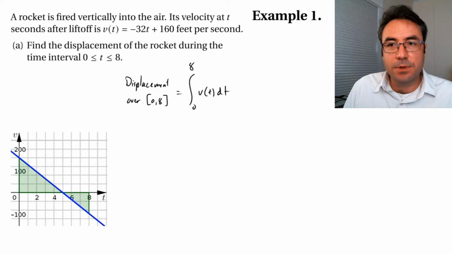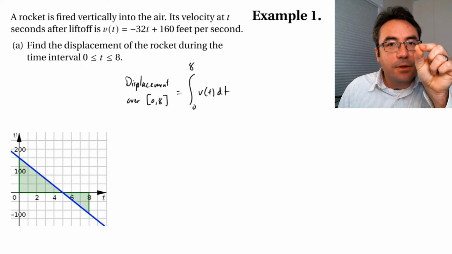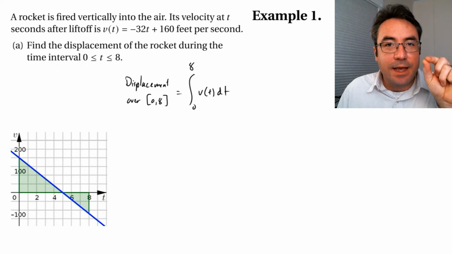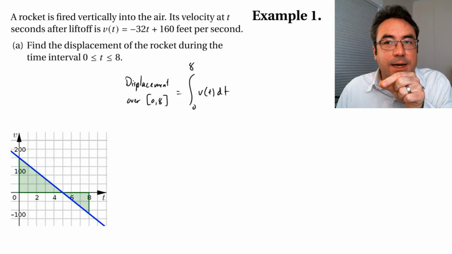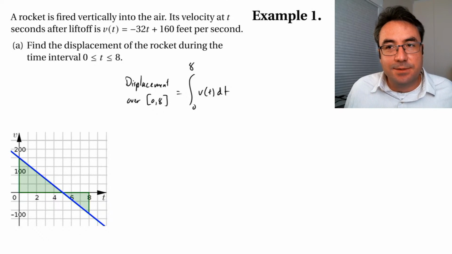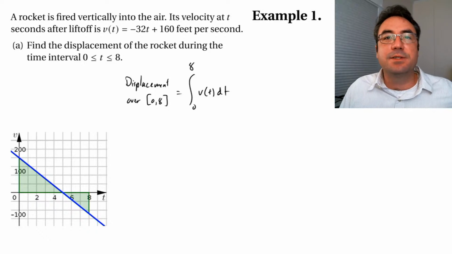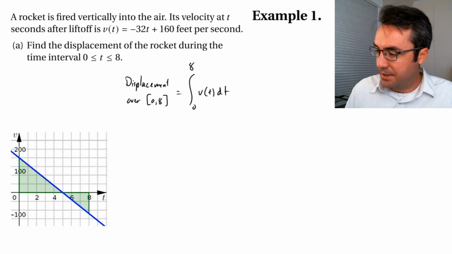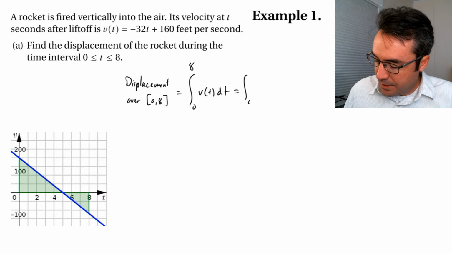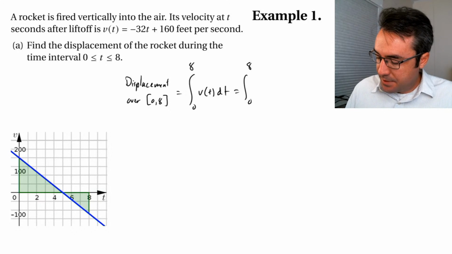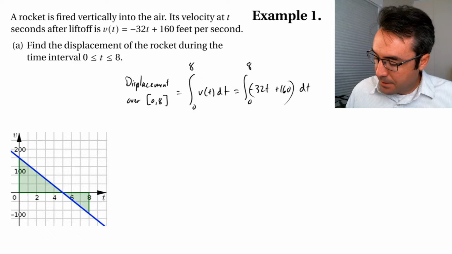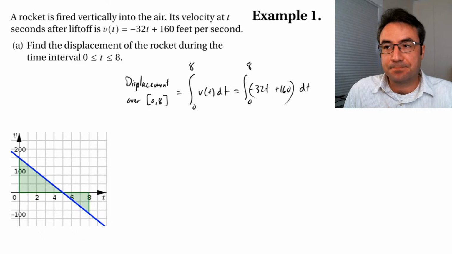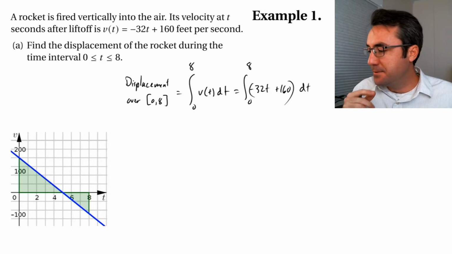That's what velocity is really measuring: all the little changes in your position at every single moment in time. The integral says, let's put them all together and see what the net effect is. So we integrate from 0 to 8 of -32t plus 160 dt. Don't forget the differential at the end.